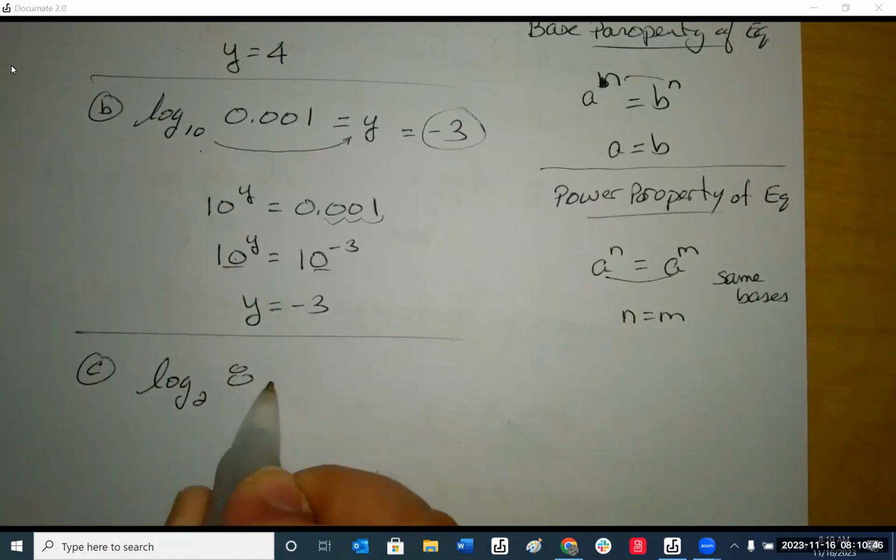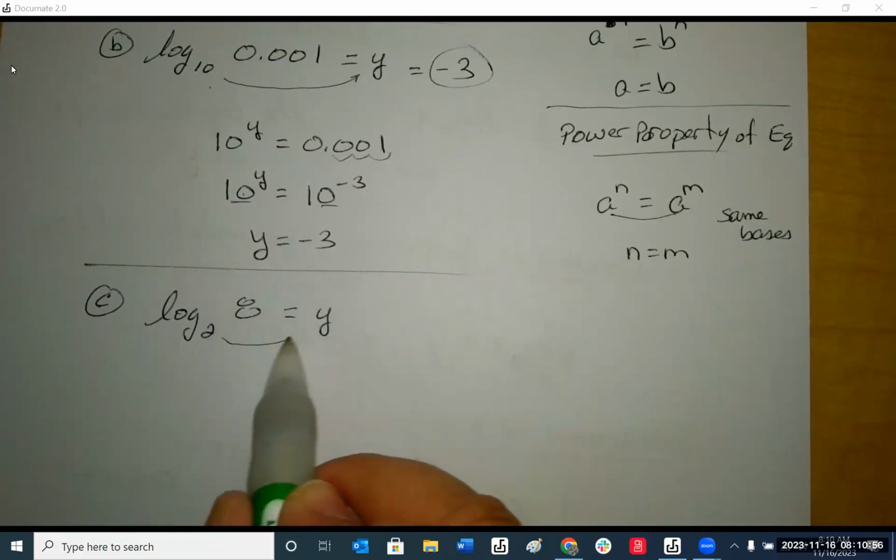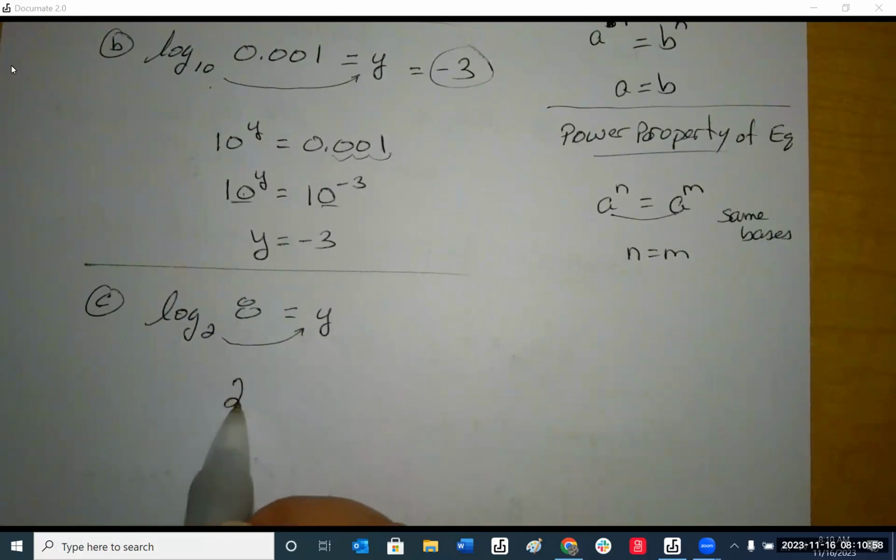Log base 2 of 8 is equal to some number y. To solve this, the base pushes up, the solution equals 8.